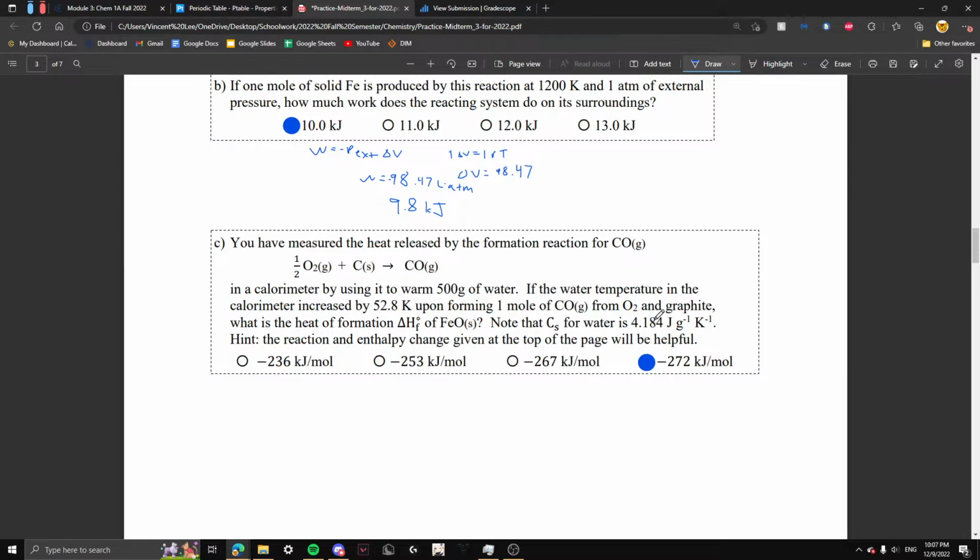We have 500 grams, so we just multiply: 4.184 times 500 times 52.8, and that gives us 110.46 kilojoules used to form this carbon monoxide.